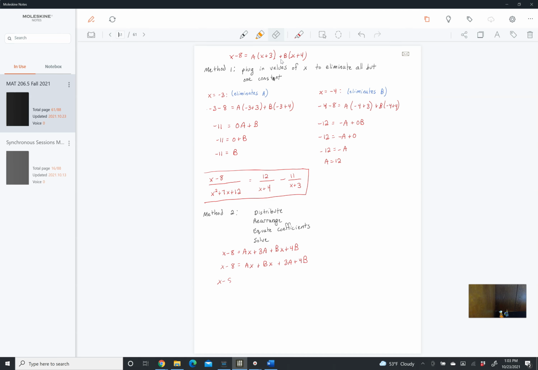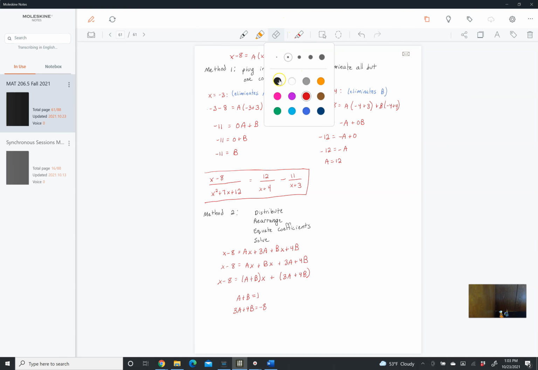Now we just factor out the x, making it A plus B times x. And then we just put this 3A plus 4B in parentheses, just so that you're clear that that whole thing is the constant. So A plus B equals 1, and 3A plus 4B is equal to negative 8.